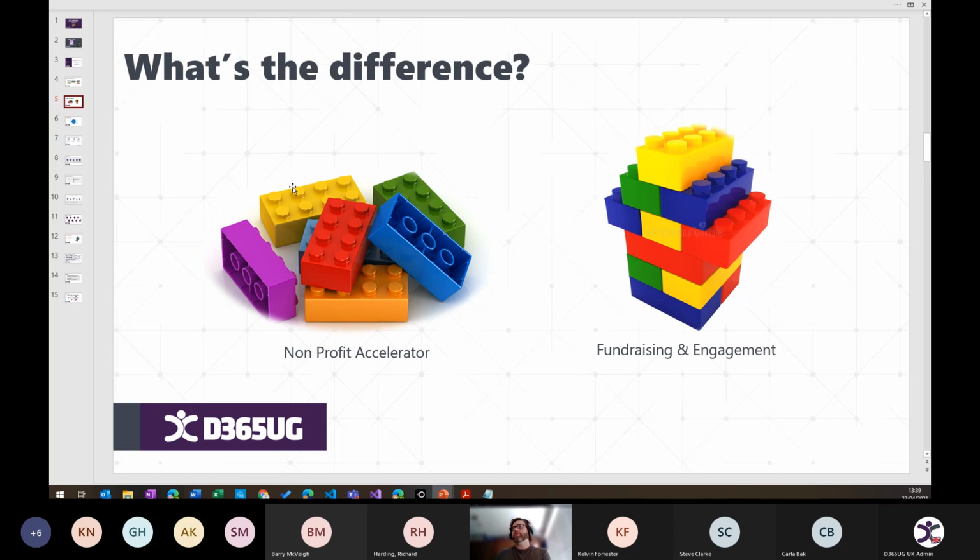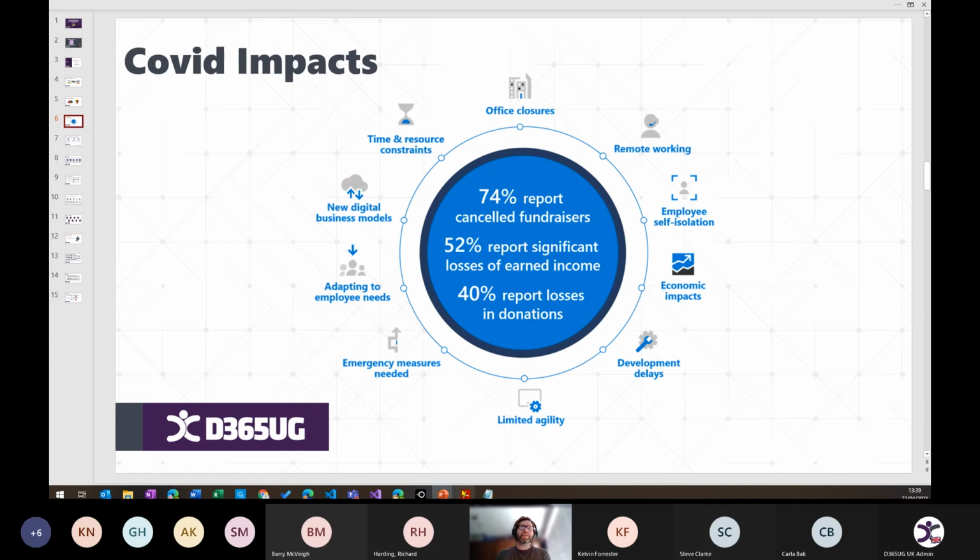organisations. So the first thing to highlight is that last year, when COVID hit, Microsoft saw a lot of different changes, especially within non-profits. They're listed on the screen there.